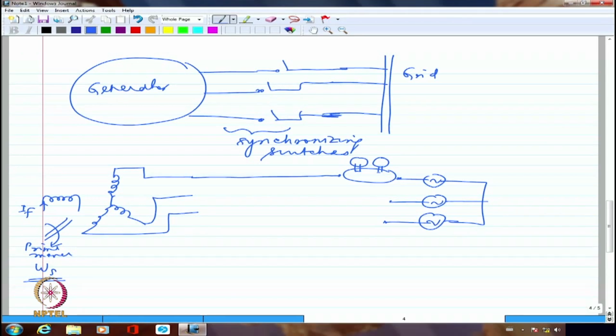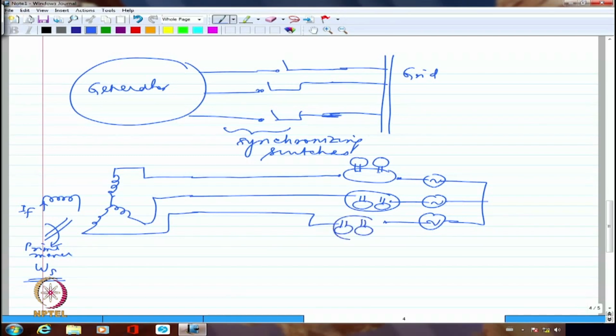If you put two of them in series, you are sure that it will withstand that much voltage if there is a huge voltage difference between these two terminals. Okay? So I will put normally two bulbs across each of these terminals. I am going to have two more bulbs here and two more bulbs here. So these are the lamps.